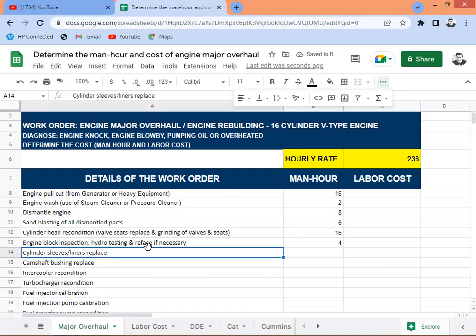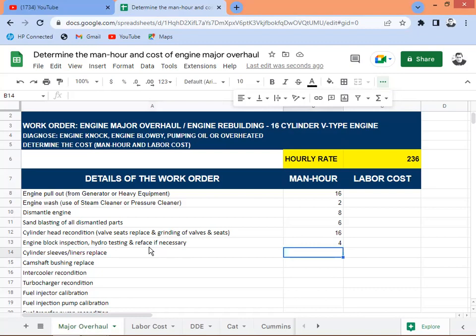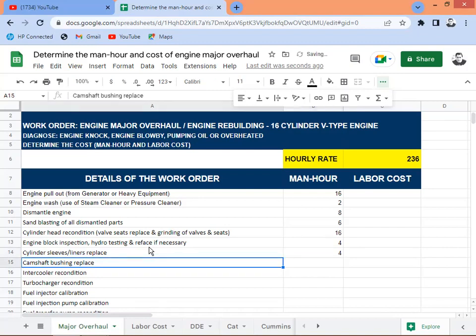Cylinder sleeves and liners replacement, especially with these sleeves, you need to send the cylinder block to maybe a horizontal or a hydraulic press to press it. You need time for this. So I would say cylinder sleeves would be 4 hours also.